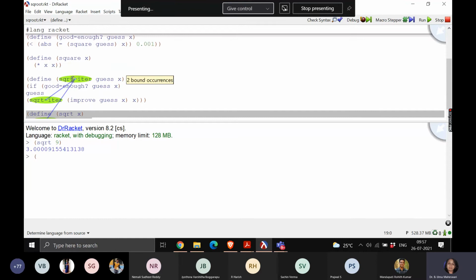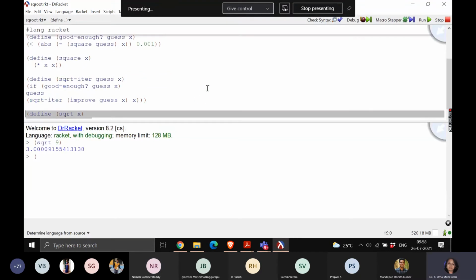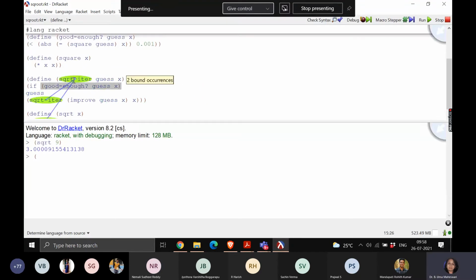And I have SQRT ITR, this is my main function, this SQRT. If I put a cursor over there, you can have a pointer which will show you where the particular function is available. Something is processing. Now if I put a pointer on SQRT ITR, it will show you where everything is available. Good enough is available there, and improve is available on the upper side.